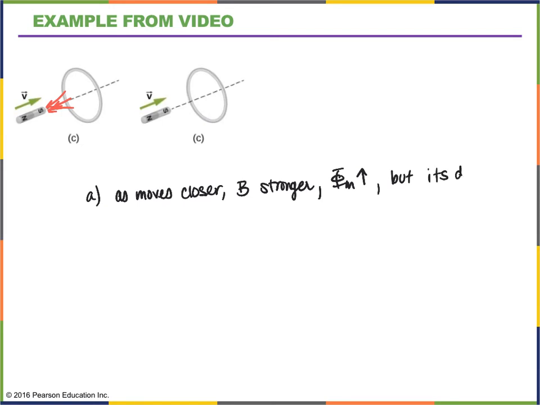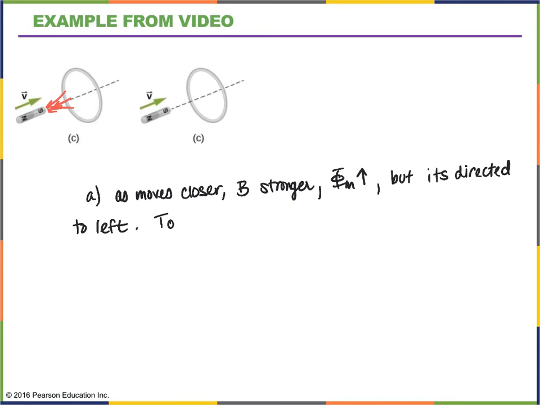And so in picture A, as it moves closer, the magnetic field is stronger, so the flux is increasing, but it's directed, if you want, to the left. Because now this time the magnetic field is in a different direction, and that's why I'm saying the idea of that field is to the left.